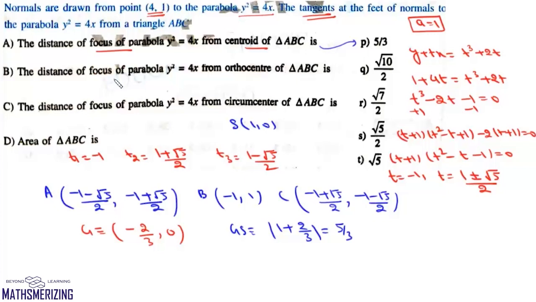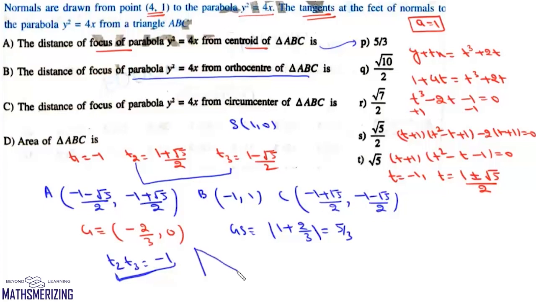Now the second question is distance of focus of this parabola from orthocenter of triangle ABC. Now we look at this T2 and T3. If we multiply T2 into T3, we know that this value will be minus 1. When T2 into T3 is minus 1, it simply means that these two tangents are perpendicular. So this triangle ABC will be a right angle triangle, and point of intersection of T2 and T3 is B, which is minus 1 comma 1.